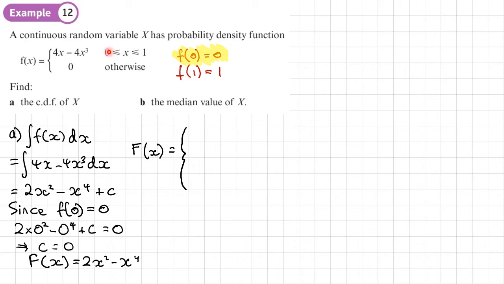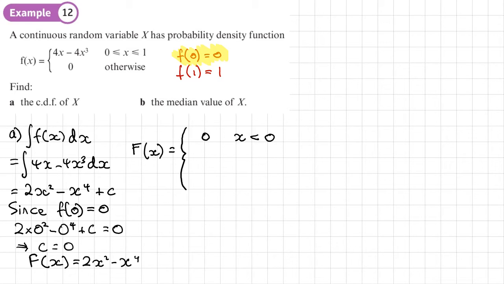So what numbers are missing? Well, when x is less than 0, the probability is 0. So here we go, 0, that's for when x is less than 0. Now, when x is between 0 and 1, including 0 and 1, then the CDF is going to be this. So I might need to move this over a bit.